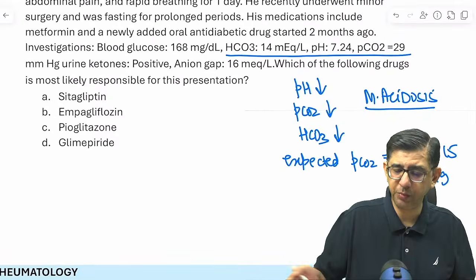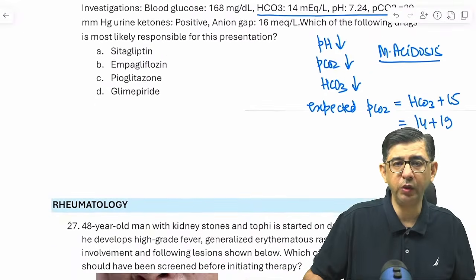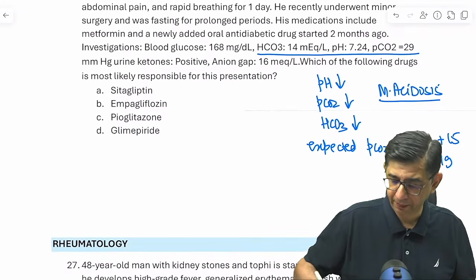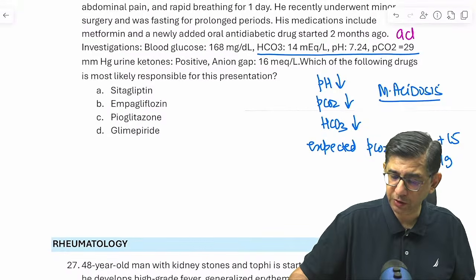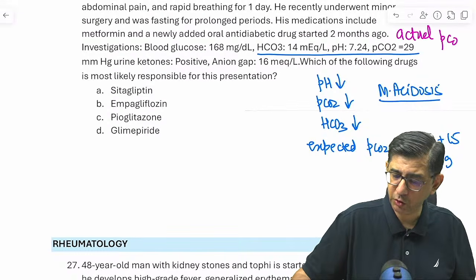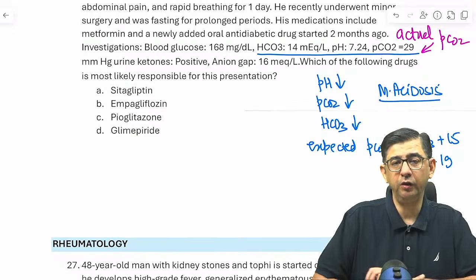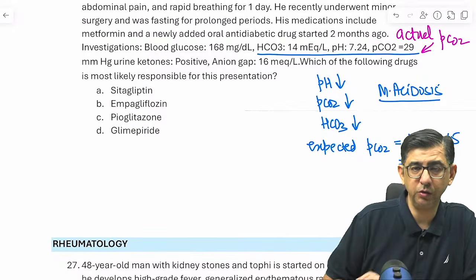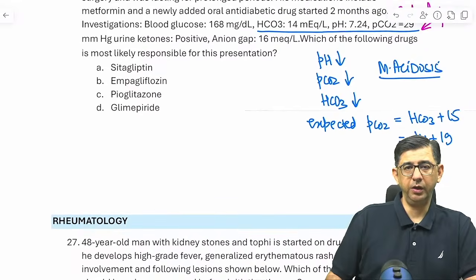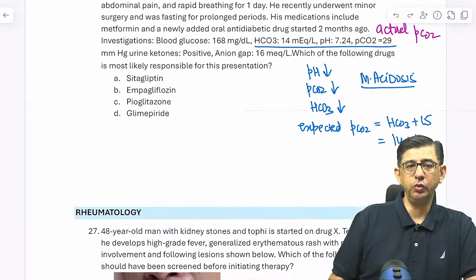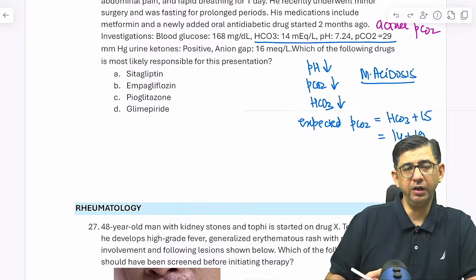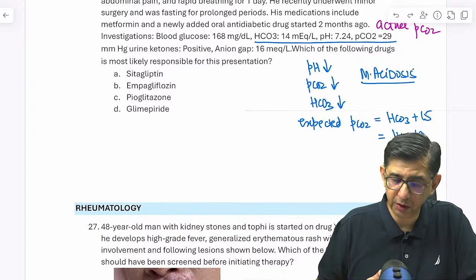Expected and actual match. The actual PCO2 is 29, and the one that I've calculated is also 29. Yes, actual PCO2 and the expected one are matching. So this means the compensation part is working.